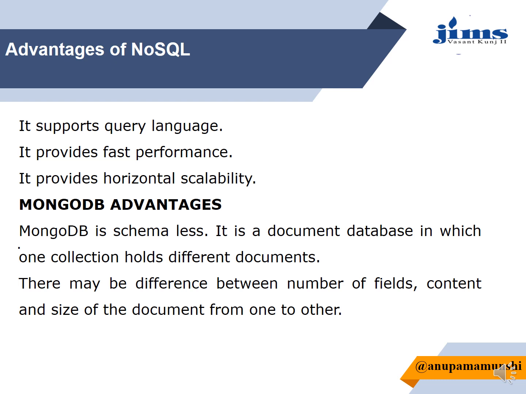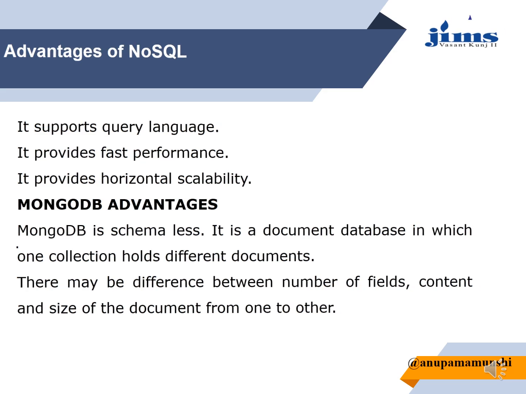So there's a database and then there are many collections in a database. There may be differences between documents in the number of fields, the content, and the size. Since a collection contains many documents, they might all be different, and the number of fields, the content, and the size can vary in a collection.